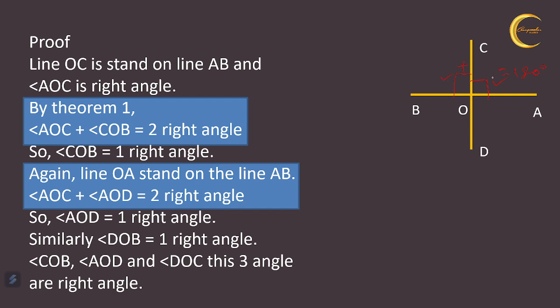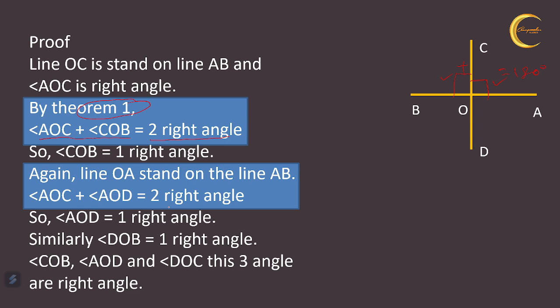This is the main thing. So AOC and COB equal two right angles, and it comes from theorem 1. So the COB is the right angle.